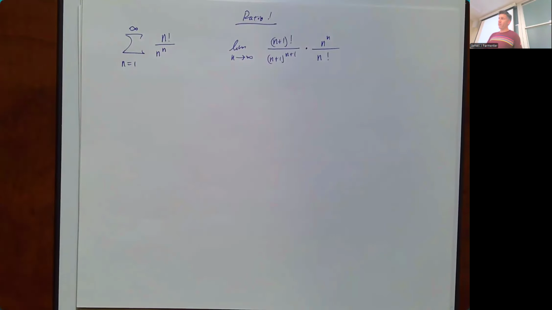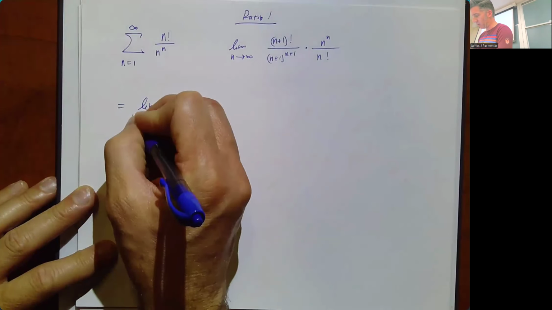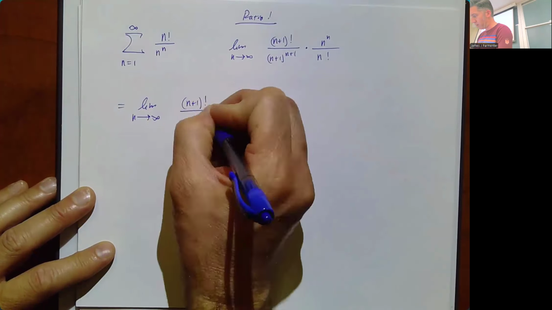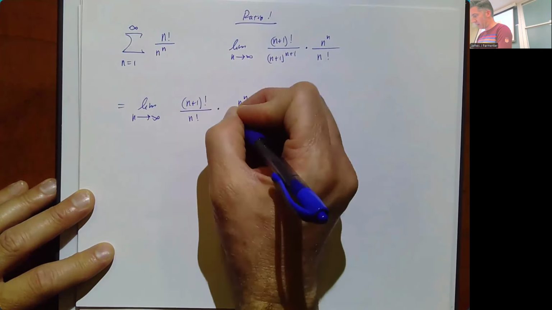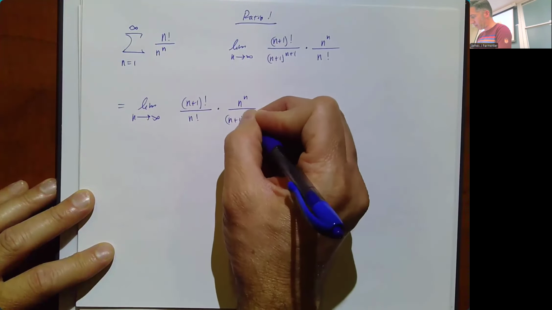And just like every other time we've done this, we're going to combine the like things in fractions. So we're going to rewrite this as the limit as n goes to infinity of (n plus 1) factorial over n factorial multiplied by n to the n, over (n plus 1) to the n plus 1.